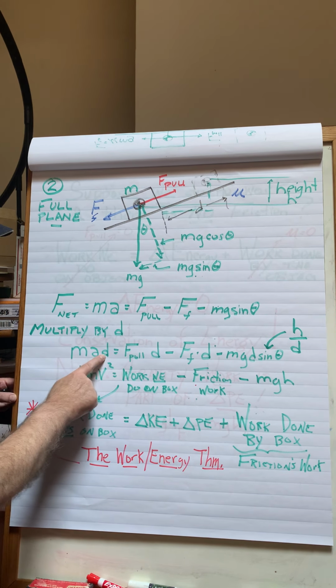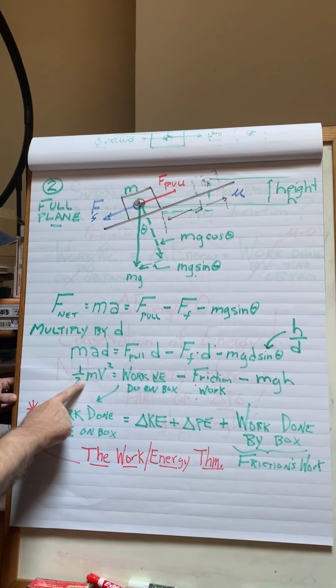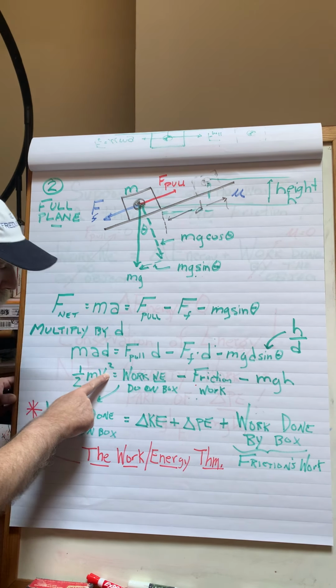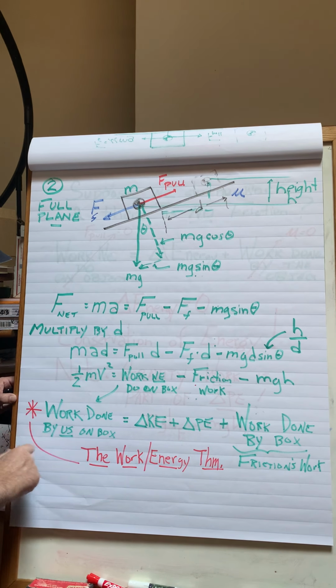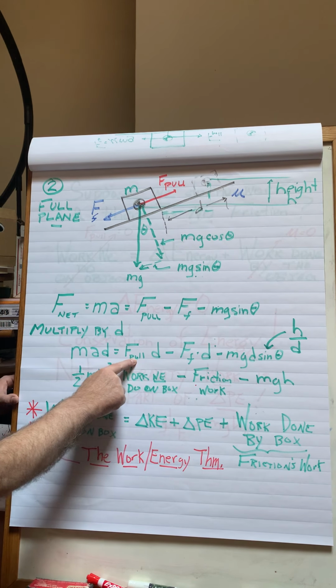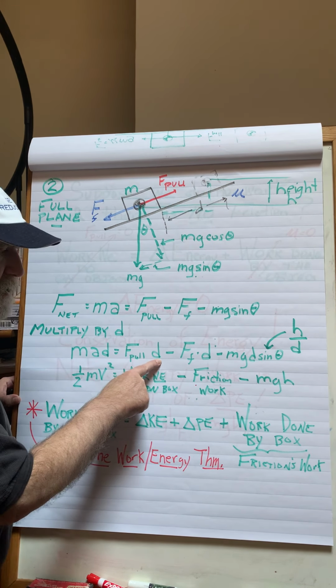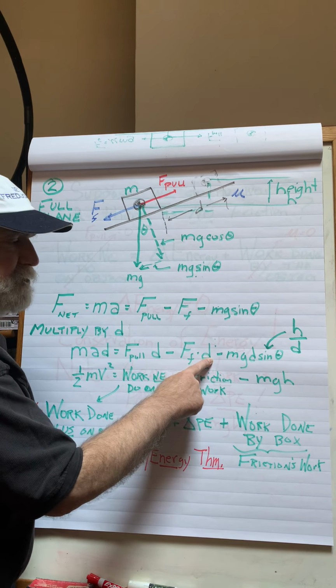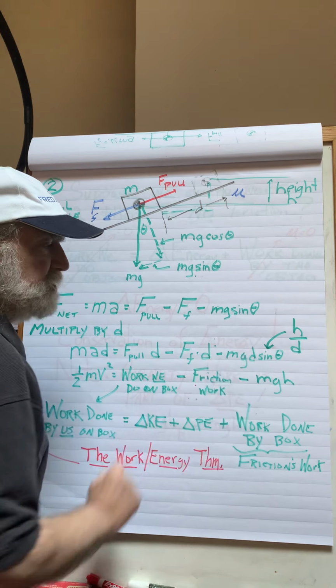And when we multiply through by d, we get mad, which we recognize as 1/2 mv squared. I derived it for you in an earlier video, that the kinetic energy is equal to the work that we do on the box, F pull times distance, minus the friction work, force of friction times distance, minus the work done by gravity.